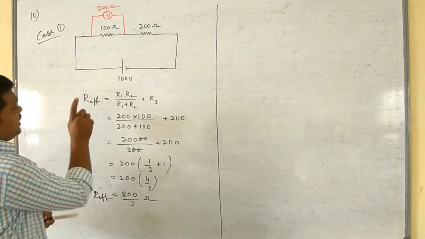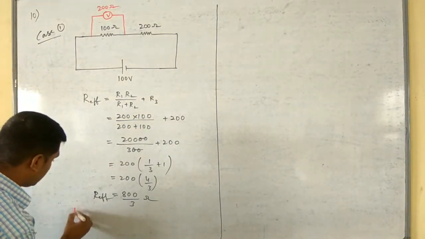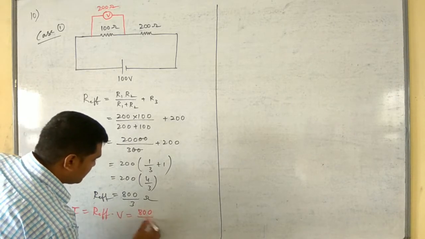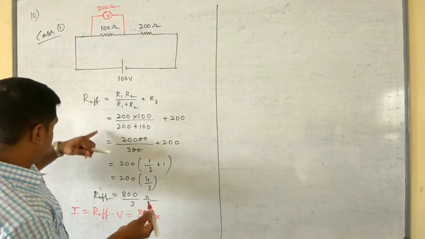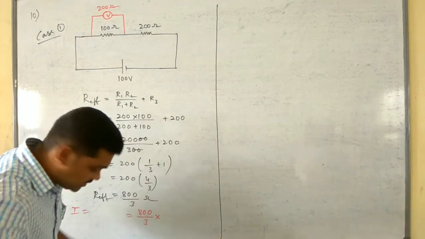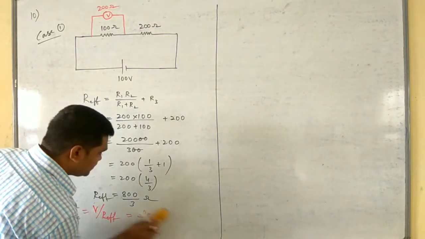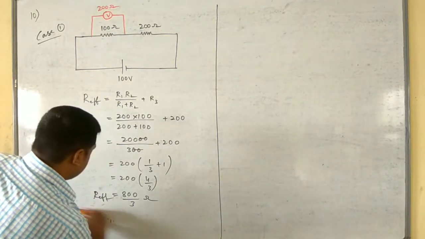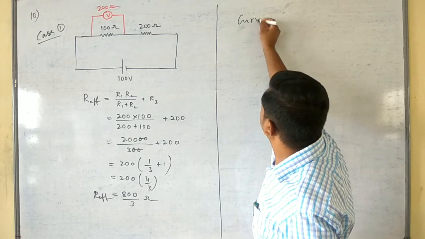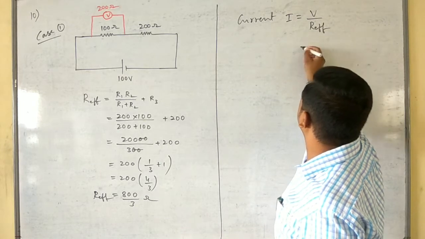Next, by using this R effective, we want to find out the current. So I is equal to V by R, not R effective into V. I is equal to V divided by R effective.